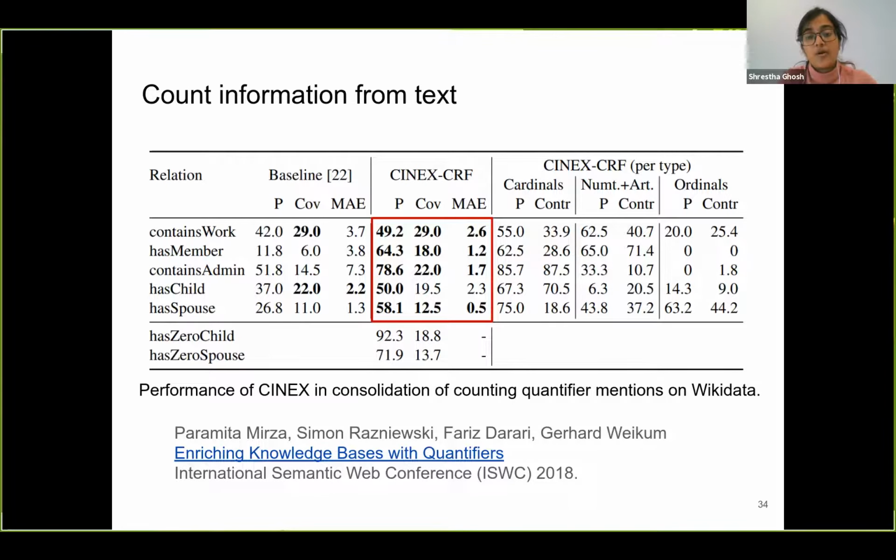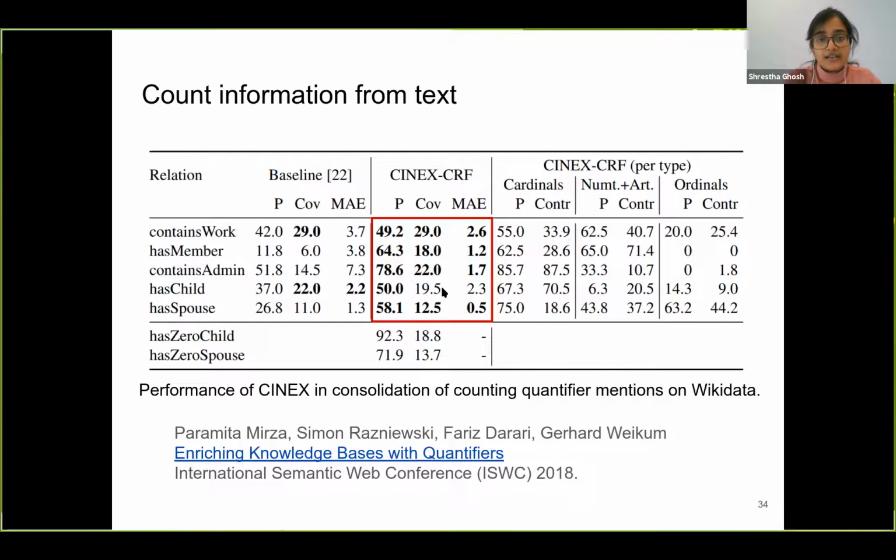So whether the correct quantifier was predicted, what was the coverage of the relations, so for how many entities were they able to correctly identify the cardinality, and what was the error in the prediction.